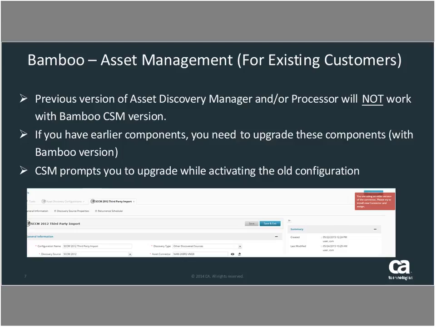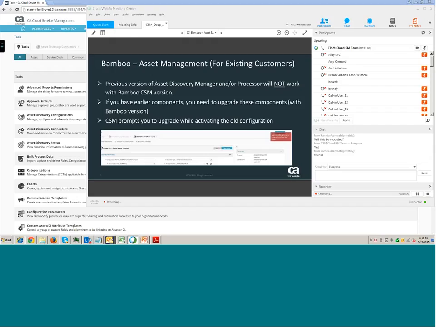So just hold on for a minute here. Let me swap to the real system where we would see the simulated environment. I'm going back to the asset discovery configuration.